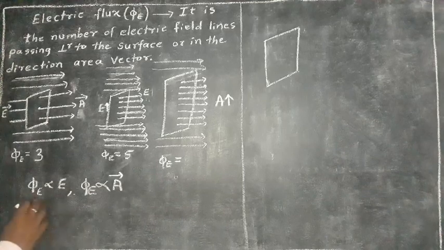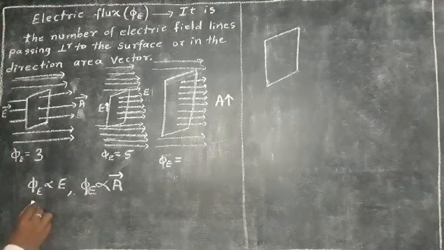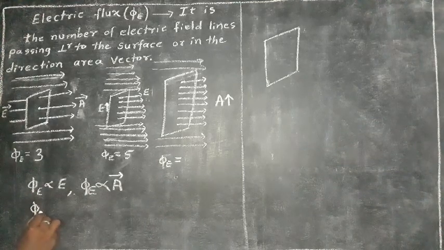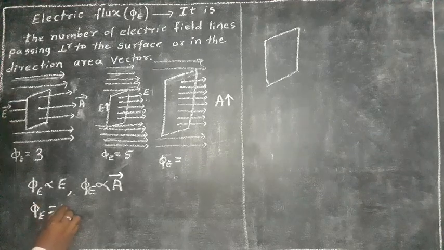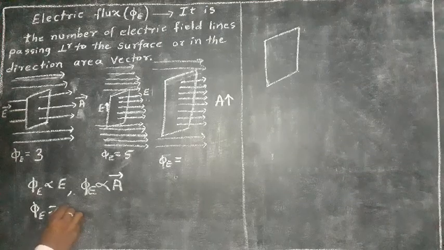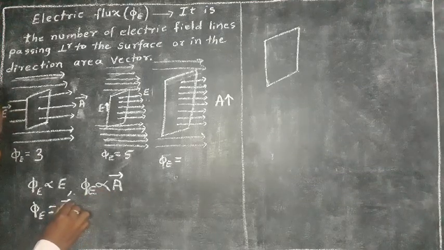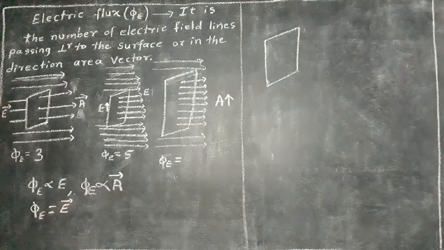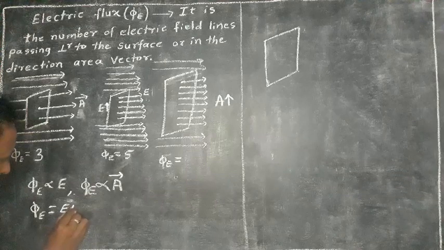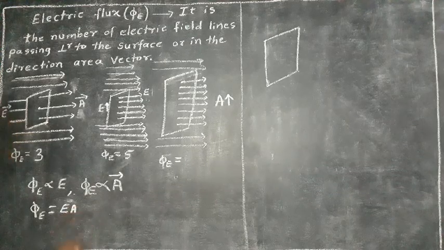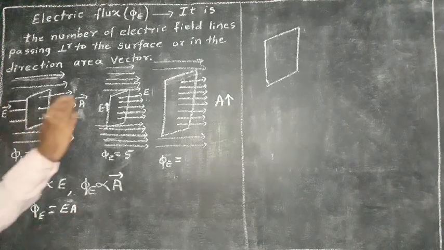Thus electric flux is directly proportional to intensity of electric field, that is E, and directly proportional to area factor, and intensity is also a factor quantity, E into A. E into A gives flux through the surface.